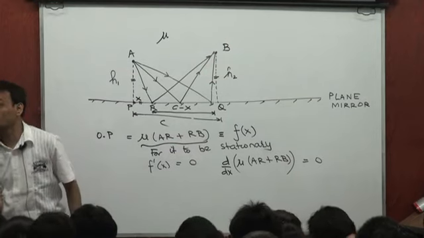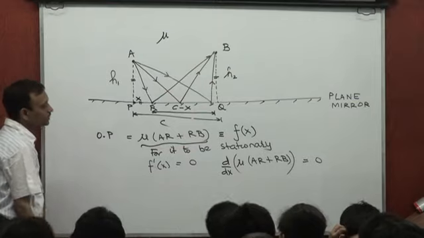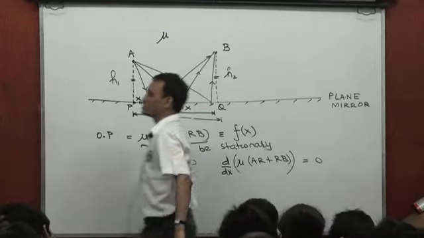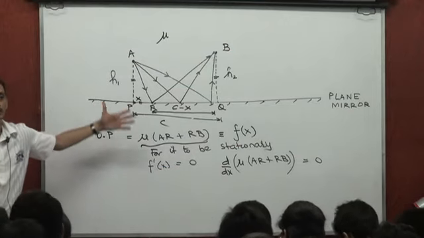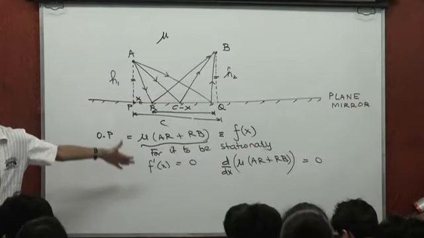Such should be X. Alright. So now, let's formulate the principle. Can I wipe this off and just find out the value of X for which this is going to be stationary? Can I wipe this off?